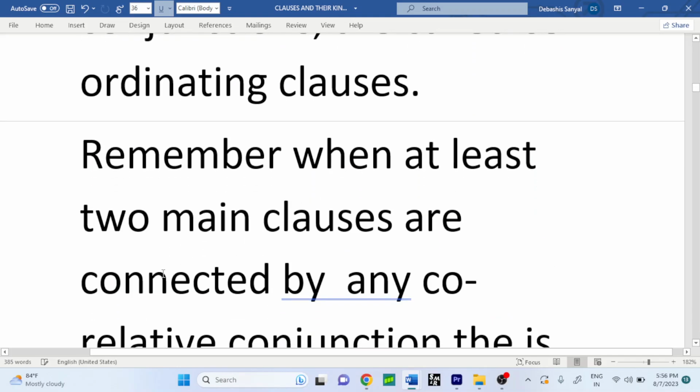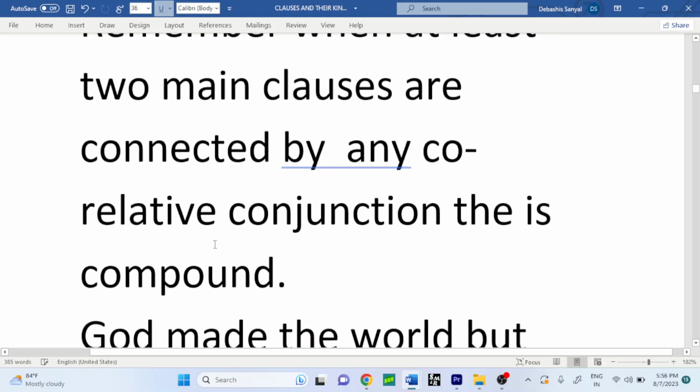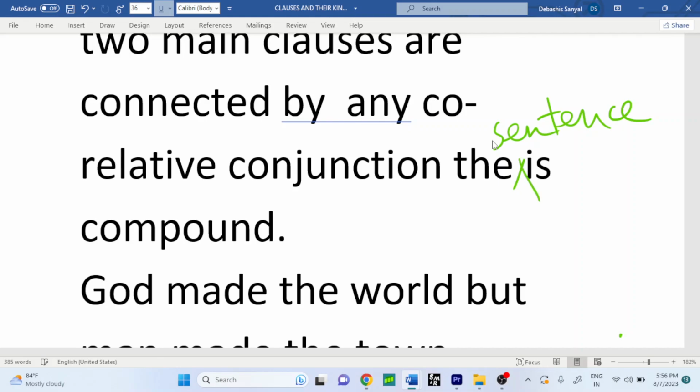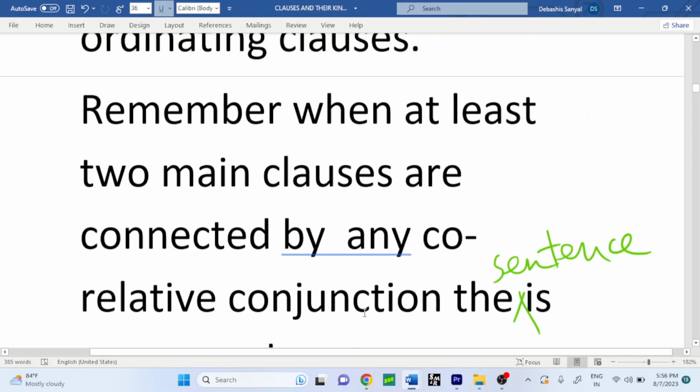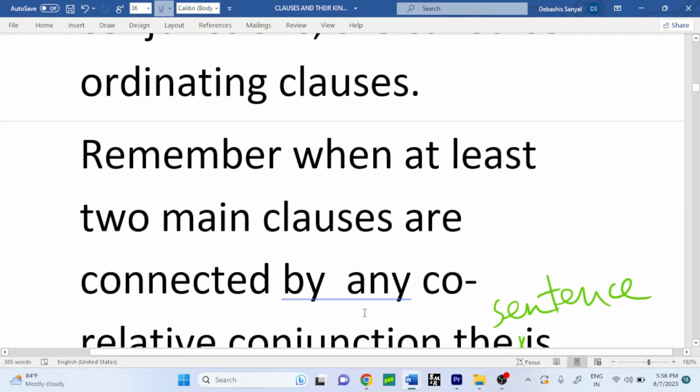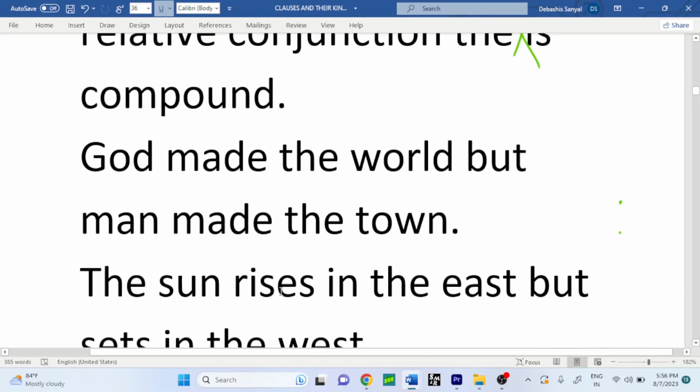Remember, when at least two main clauses are connected by a conjunction, the sentence will be compound. To make a compound sentence, we need at least two main clauses, and they must be connected using a conjunction.